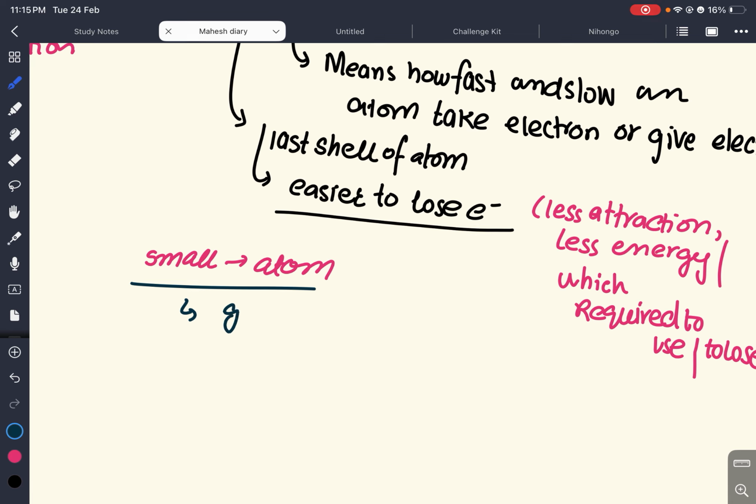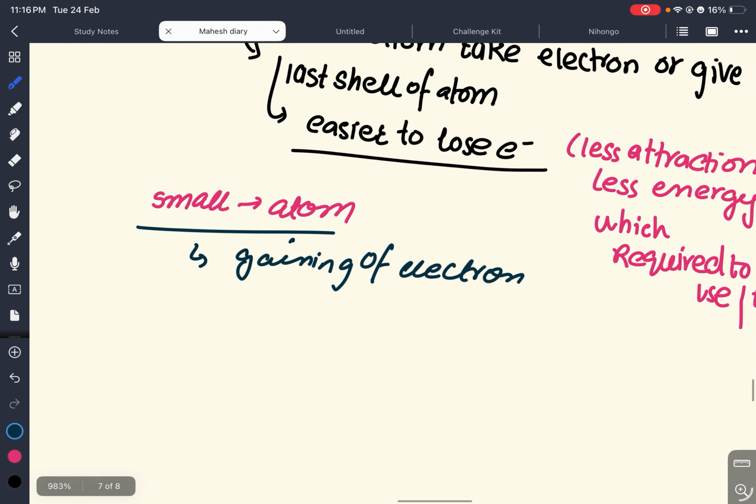If it is a small atom, gaining an electron gets very easy. So if there is a shell and an electron where the distance between the nucleus and the electron is very far, it's easy to lose. And if it is a small atom or element, the shell and electron and nucleus are very much connected, interlinked very nicely. If they are interlinked very nicely, it's very easy to gain an electron.